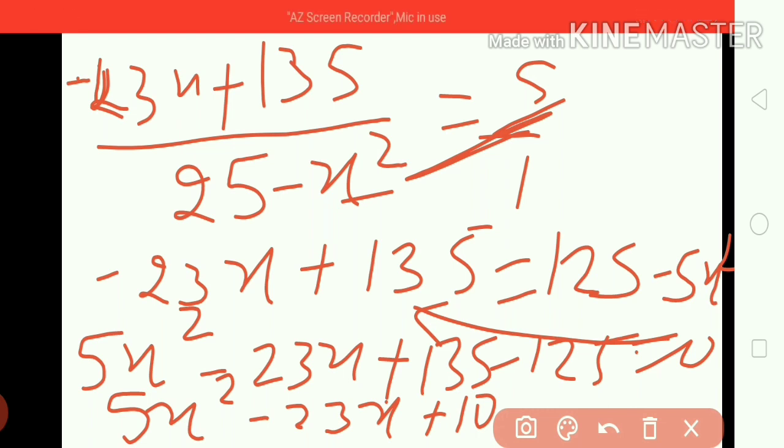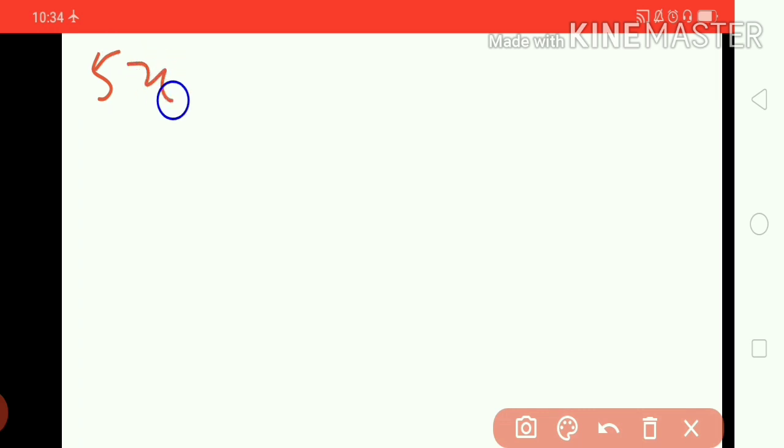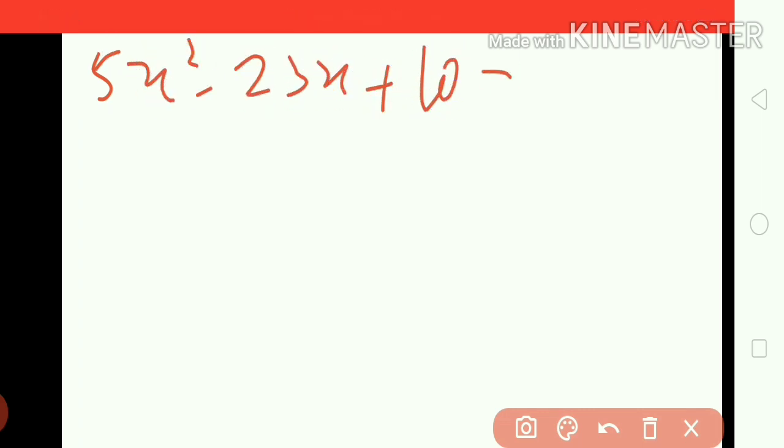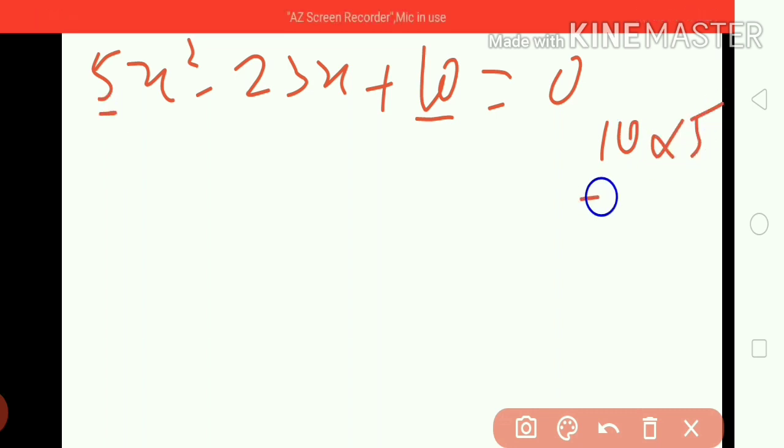So let us rewrite. 5x square minus 23x plus 10 equal to 0. So let us factorize. Let us take the constant term and the coefficient of x square, which is 5. So the multiplication of the two numbers should be 50, and their addition or subtraction should be 23.